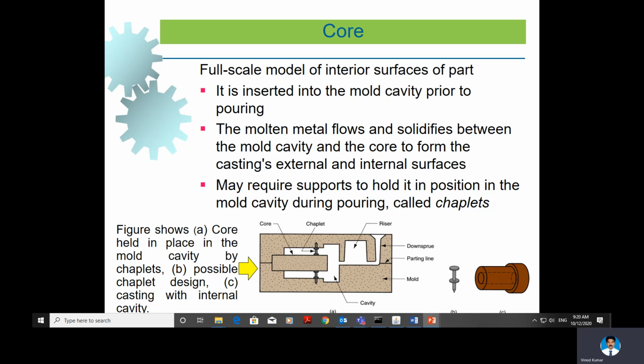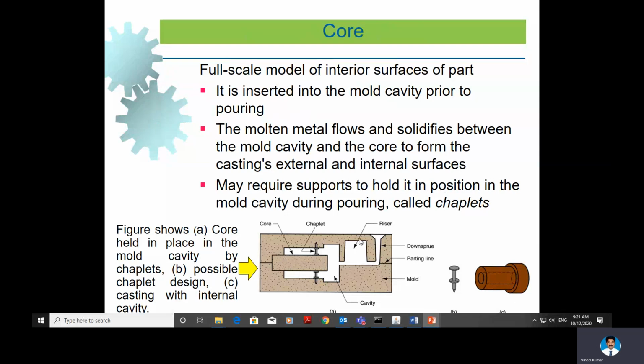Chaplets are just used to fix the core inside the mold. Otherwise, whenever molten metal enters, it can move the core out of position. Hence, they are fixed with the help of chaplets. When we pour molten metal, the chaplets also get melted with the molten metal. So this is all about core, to produce internal parts.